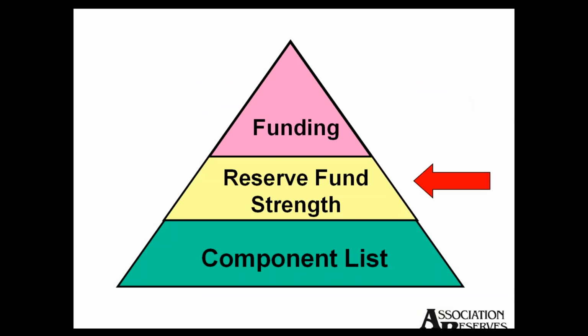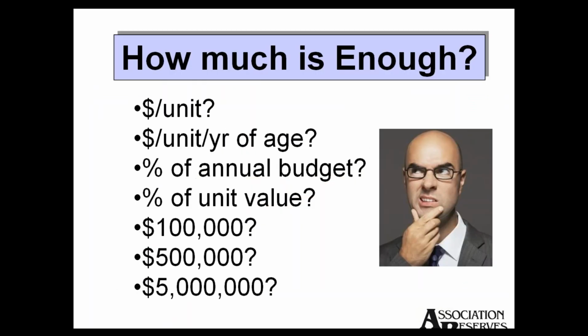So we come again to National Reserve Study standards. Let's look at how much is enough. A lot of people ask this, and they may think, well, is it dollars per unit? Is it dollars per year? Percent of the annual budget, or a certain hard figure?